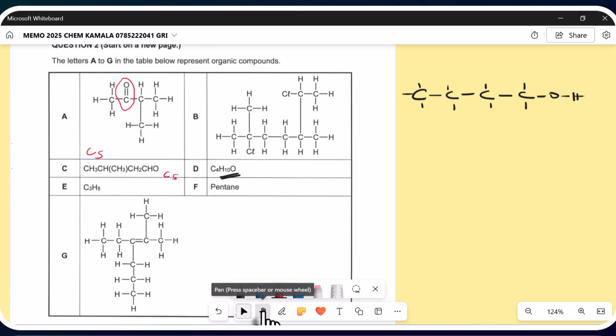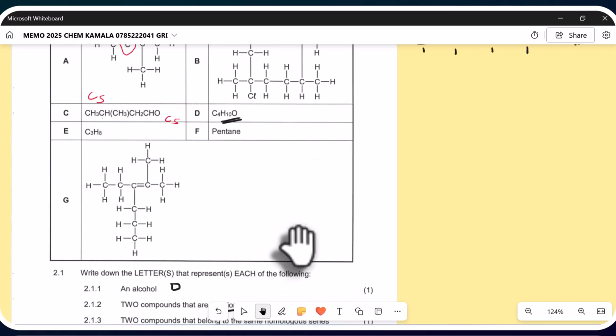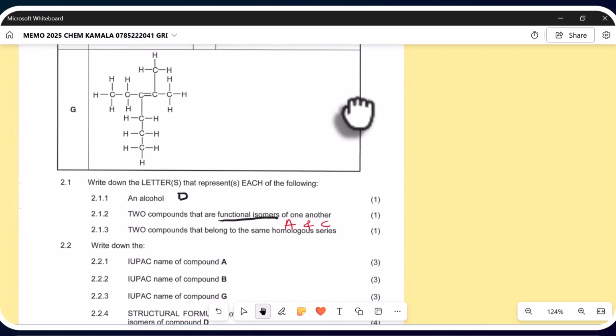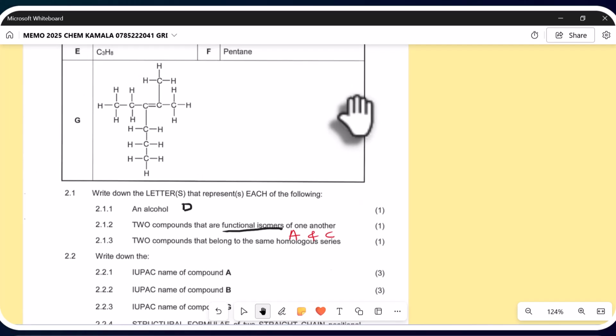Now they say two compounds belong to the same homologous series. A homologous series is a series of organic compounds which can be shown by the same general formula, and they differ from each other by a CH2 group. So which ones have the same homologous series? Here, this is a ketone, this is an alkyl halide because of the chloro and the carbons, and this is an alcohol.